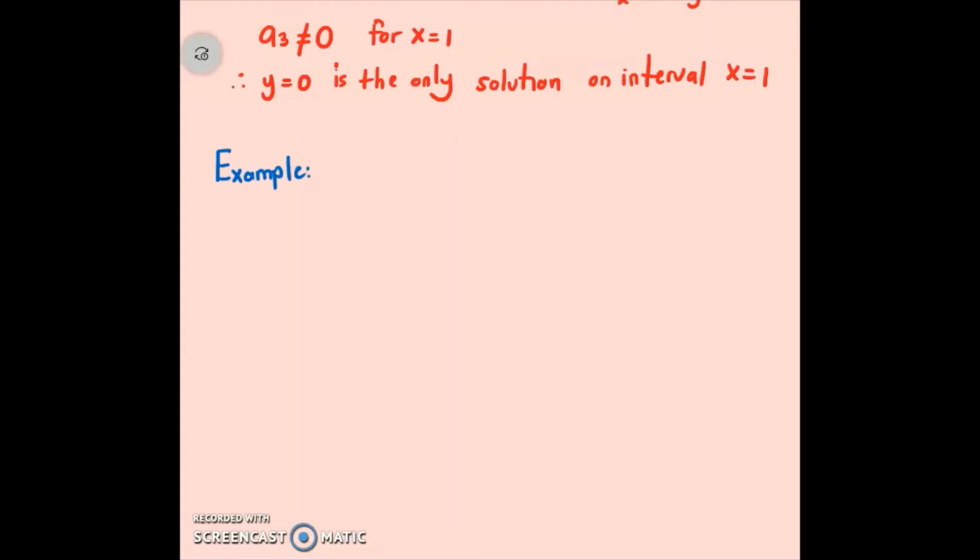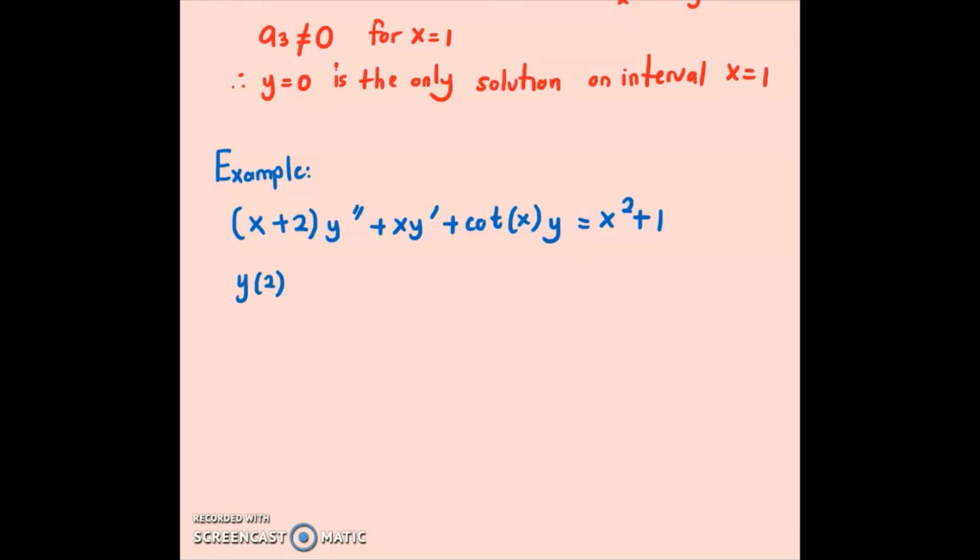Okay, so we'll say for the given differential equation, this one, (x + 2)y'' + cot(x)y' + ... = x squared plus 1, we have a non-homogeneous equation, and the conditions given are y(2) equals 11, y'(2) equals -2.